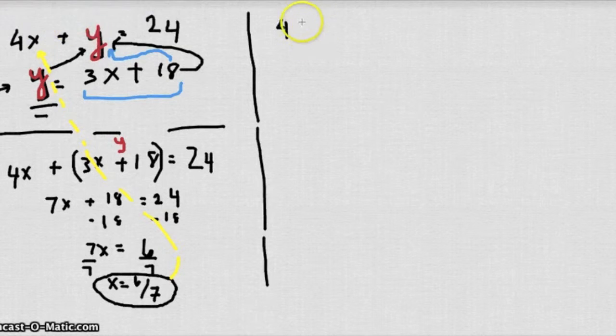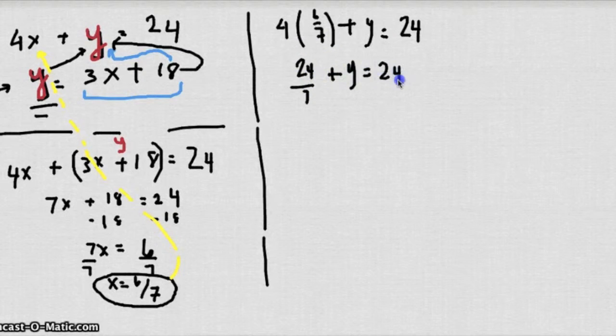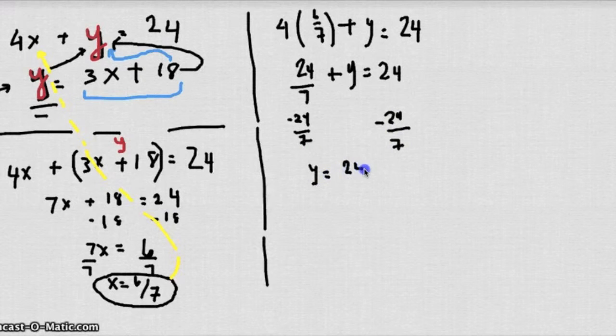So we can say that is 4 times 6 over 7 plus y is equal to 24. Okay? So here we get 24 over 7 plus y is equal to 24. To find y, we subtract 24 over 7 on this side. We can say y is equal to 24 minus 24 over 7.